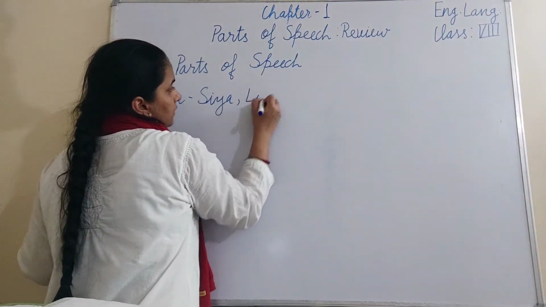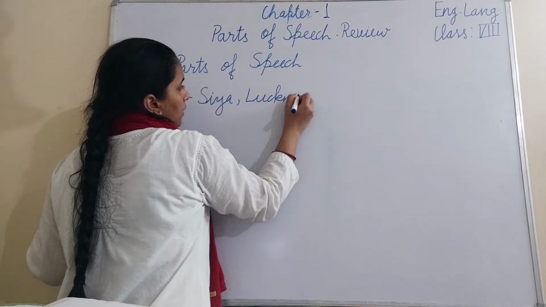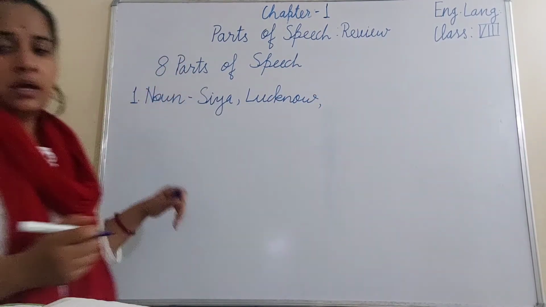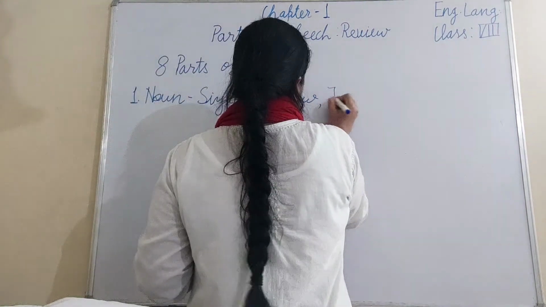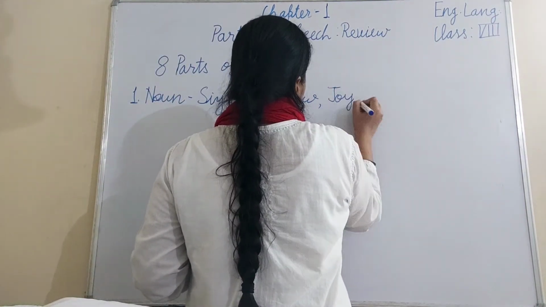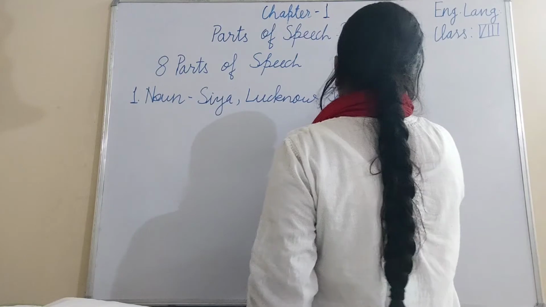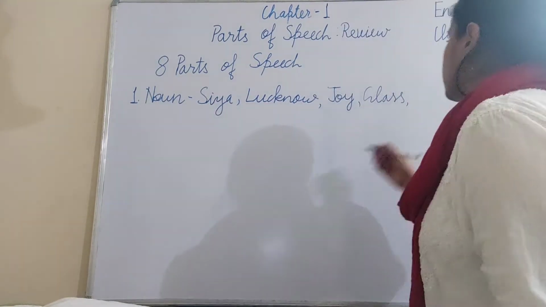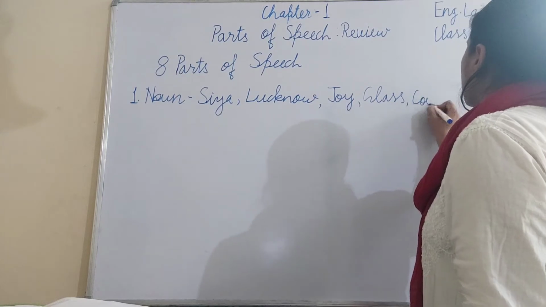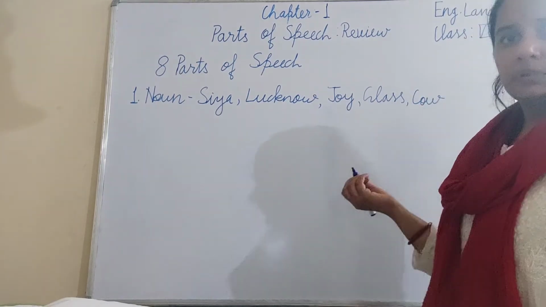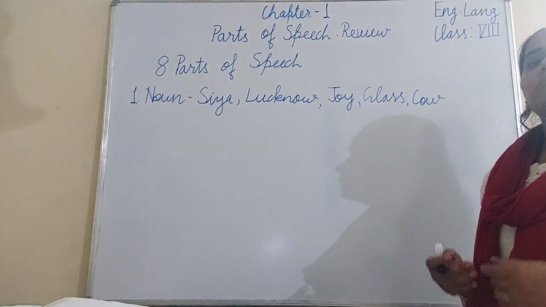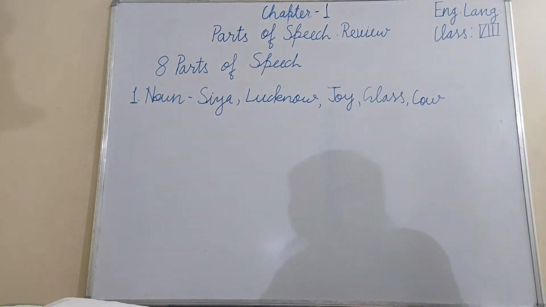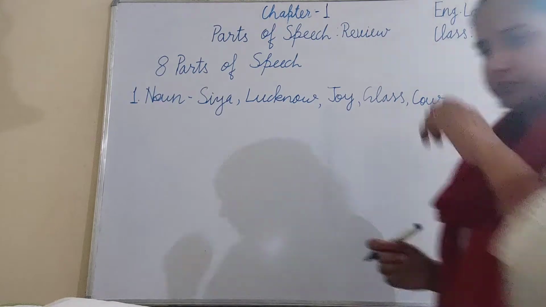If I'm writing Lucknow, this is a place. If I'm writing joy, this is a feeling. If I'm writing glass, this is an object. If I'm writing cow, this is an animal. So any name that we are giving to anything is known as the noun.